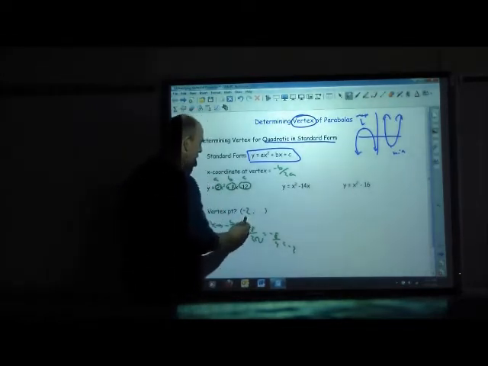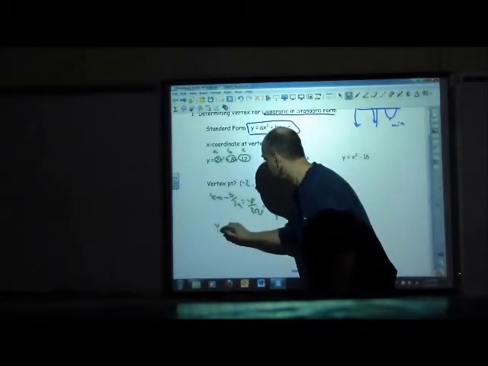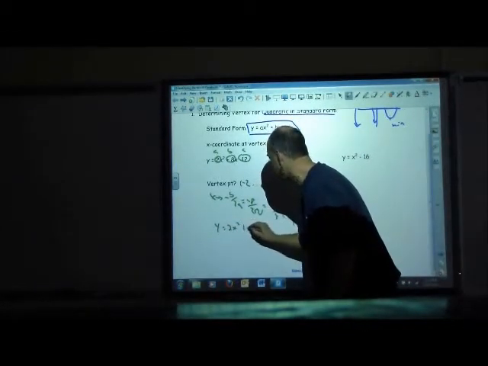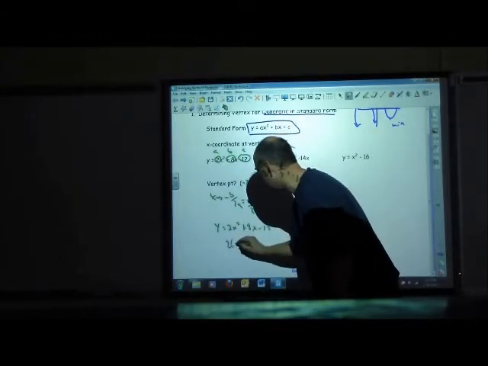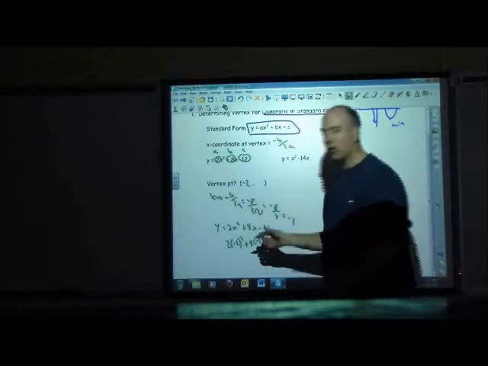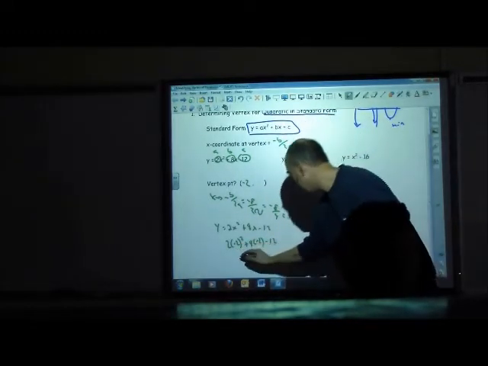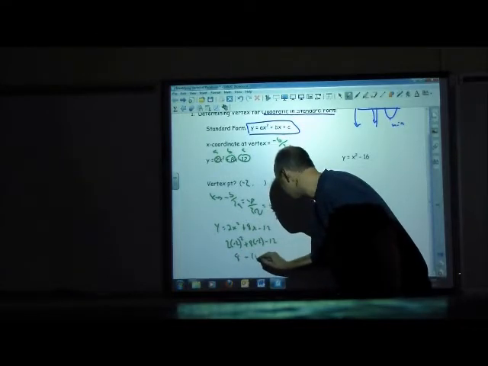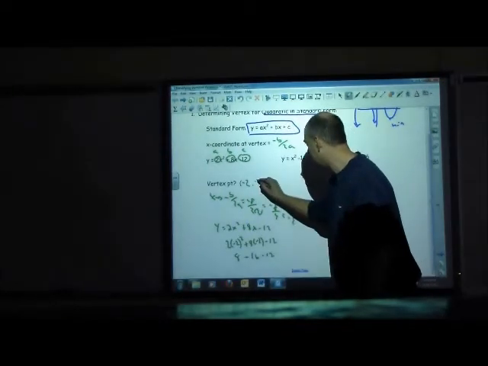Now to get the y-coordinate, you will have to put negative 2 into the function and just get it. So y equals 2x squared, positive 8x, negative 12. Put negative 2 in here. Now y'all can do arithmetic. You don't need me to do arithmetic for you, I don't think. That's 8, that's negative 16, that's negative 12, so I believe my Minnesota math is right, that's negative 20.